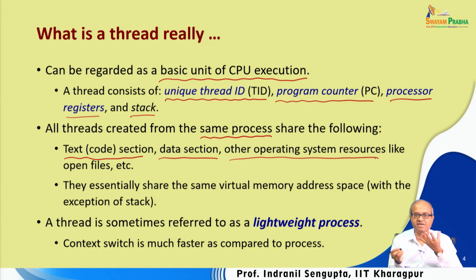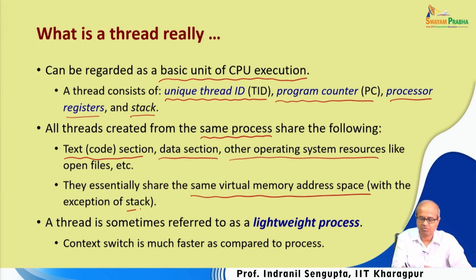Essentially, all the threads generated from a single process share the same memory address space. Of course, the stack will be different. Because of this, the context switch overhead for a thread is much less as compared to a process. You have to save so few things as compared to so many things in a process.